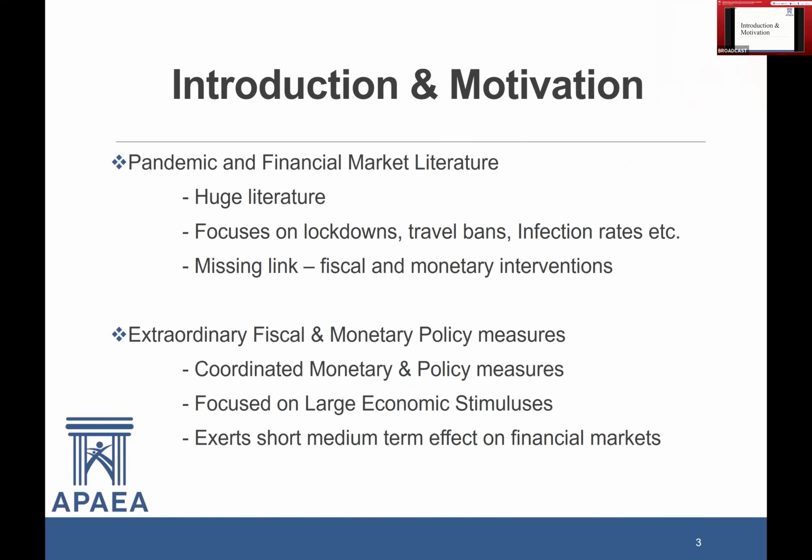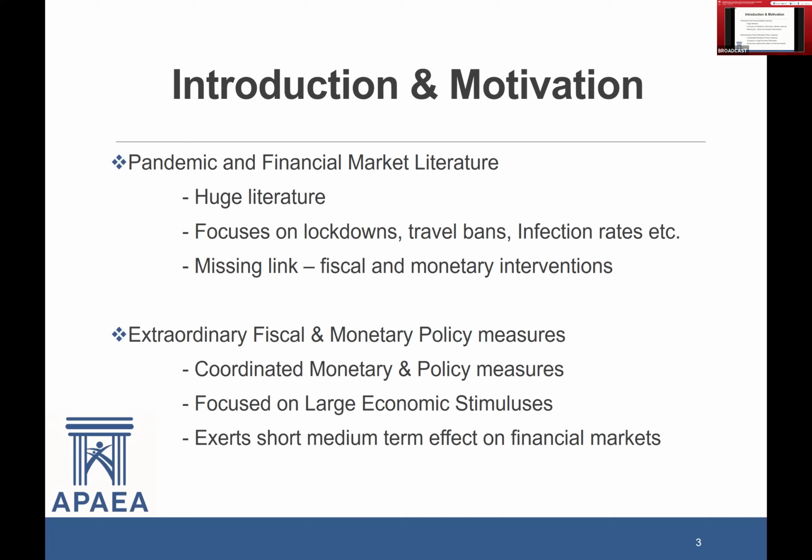So the introduction. The idea behind this paper originates out of the vast literature that has come out over the last year and a half on pandemics and financial markets. There's a huge literature which delves into how the financial markets responded to the pandemic, the massive volatility that we witnessed, the drop of nearly 40 to 50% in the market capitalization of the financial markets in the developed countries, especially within the first 2 months.